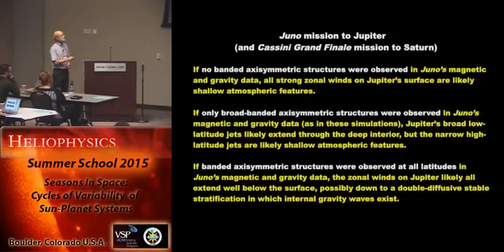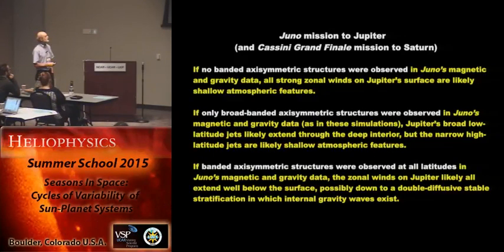Also, if no banded structure is seen in the gravity field, that suggests that very little mass is participating in this wind. If it's deep winds, then there's more mass, a bigger gravitational signal. So that would be a null conclusion, and the climate modelers who have been claiming that all these winds are just surface features would win the prize.